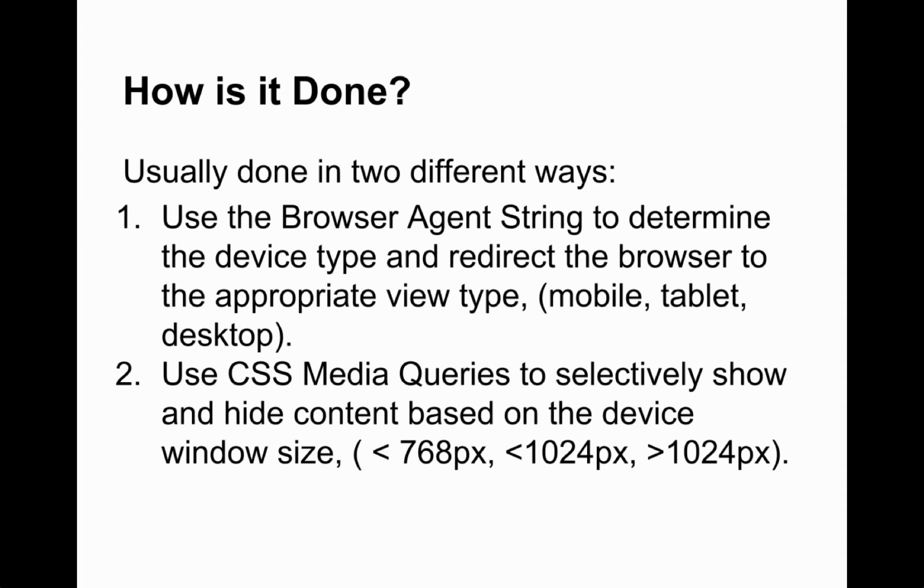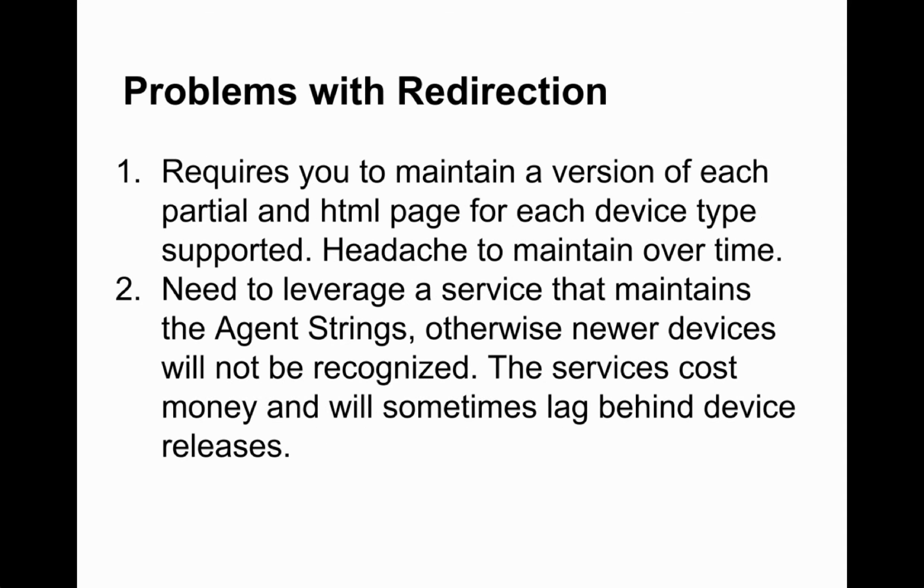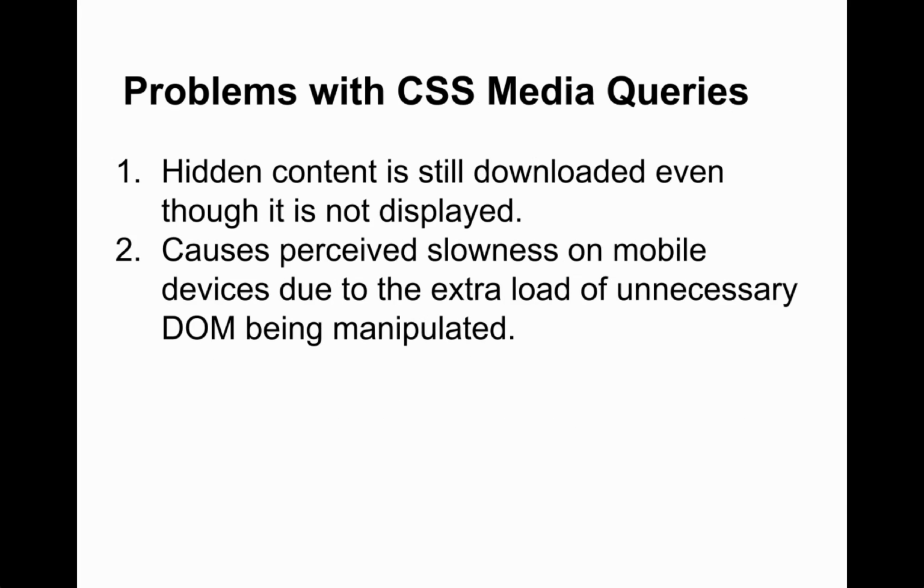So what happens is that the mobile device bogs down trying to manipulate all that hidden CSS or hidden web stuff. Plus, it looks like it's really slow because it's pulling down all these big images over your 3G, 4G network. So that's not really a good solution.